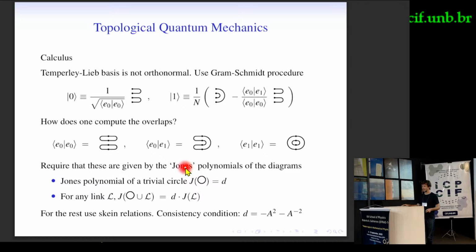So for any separate circle, I will introduce a factor of d, and I'll use the scaling relation for any diagrams which have intersections to simplify them, to reduce them to linear combinations of diagrams without intersections. And okay, remember that d and a are related via this relation.